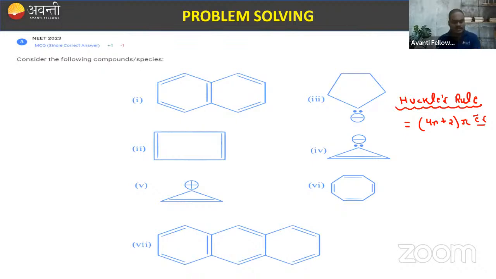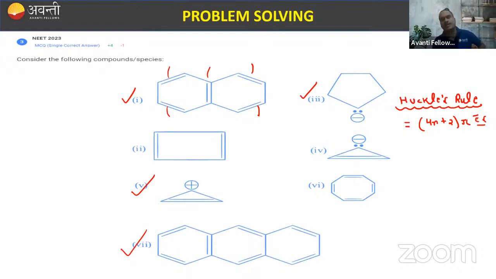So first, take the example of the first one. Here we have 1, 2, 3, 4, and 5. If you want to calculate the number of pi electrons, the first, the second, the fifth, and the seventh will follow Huckel's rule.